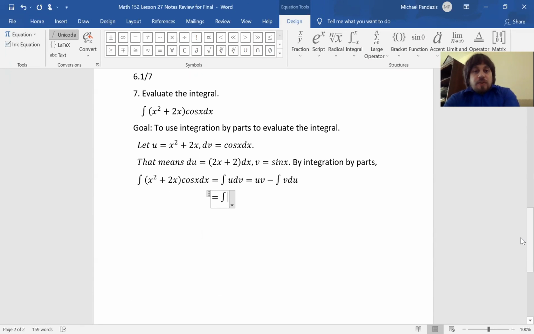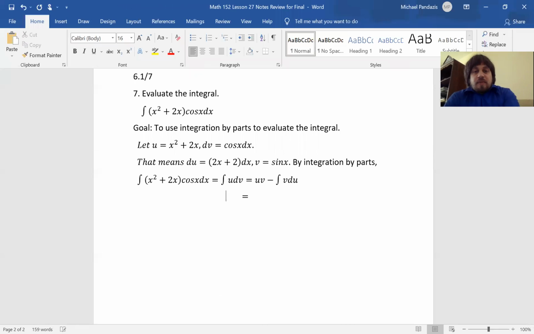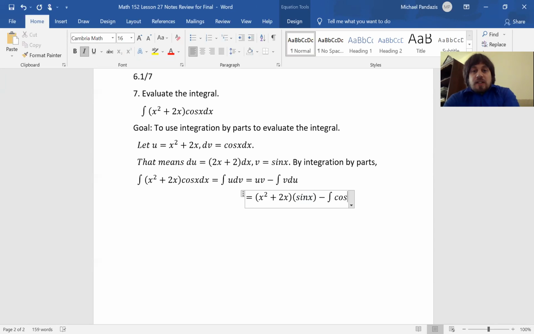And so this is the integral of u, which is x squared plus 2x, dv. I mean, sorry, it's uv, so that's x squared plus 2x times v, which is sine x, minus the integral of v, which is sine x, du, which is 2x plus 2 dx.